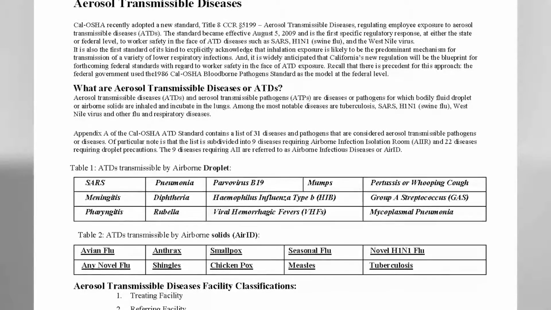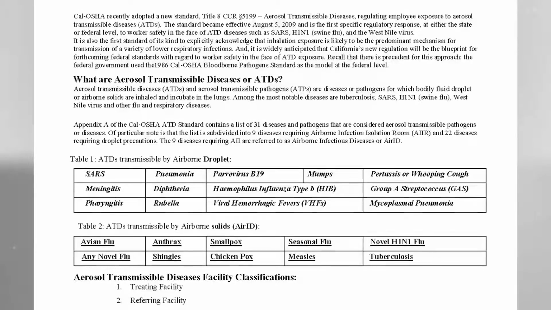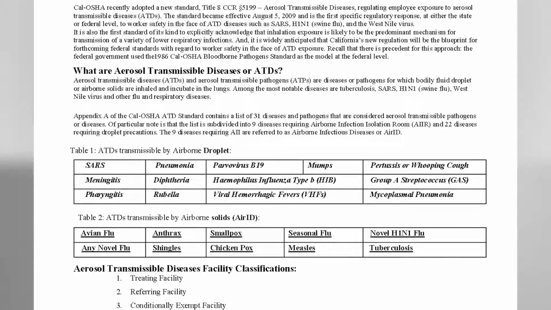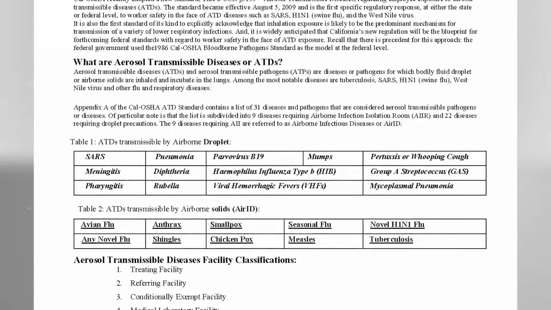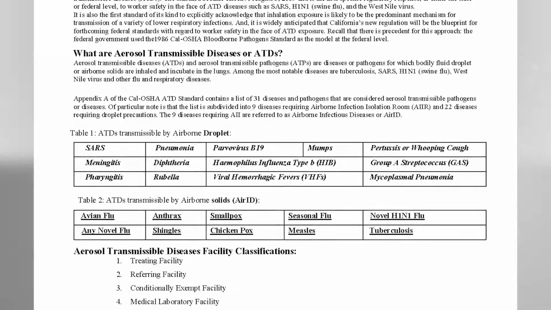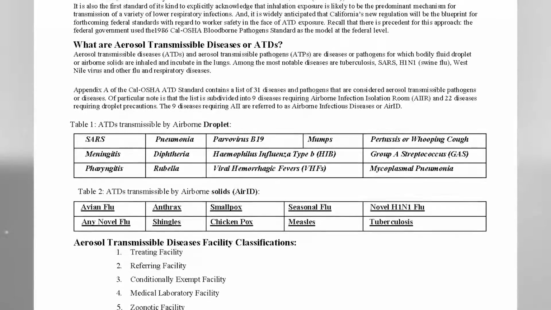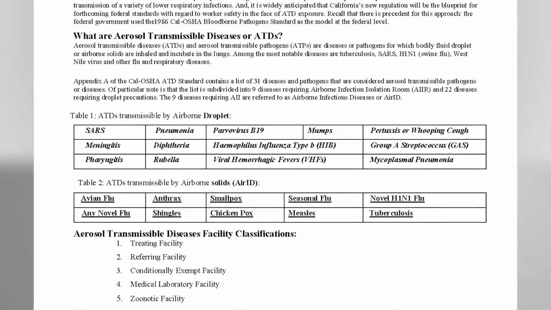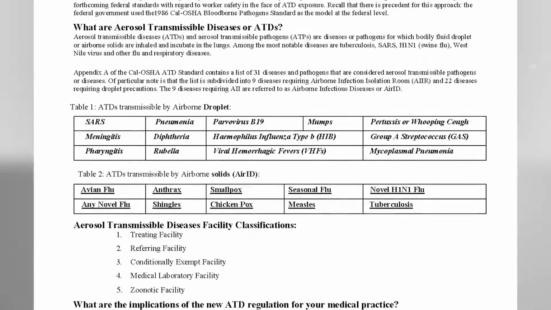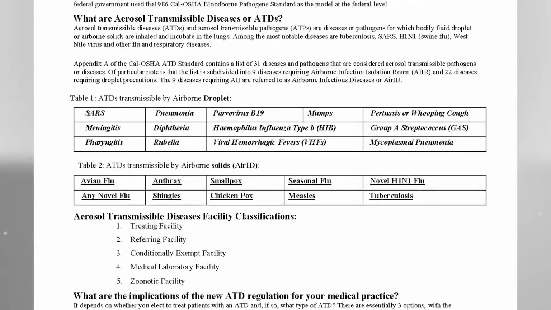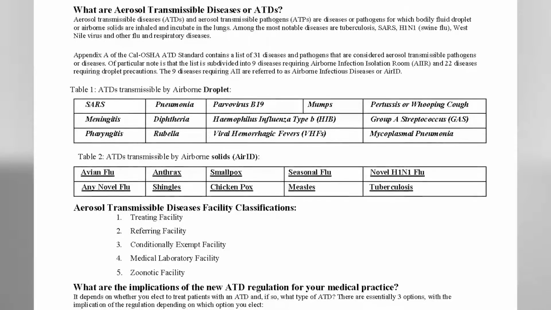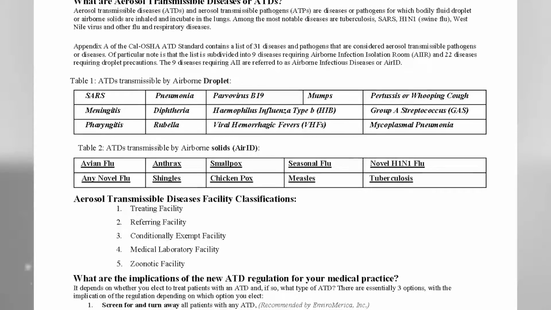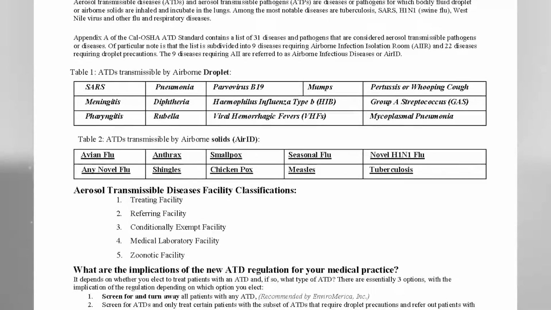In table 2 are things like avian flu, anthrax, smallpox, seasonal flu, novel H1N1 flu, and of course shingles is a big one. Chickenpox, measles, and tuberculosis are also listed under transmissible by airborne solid.